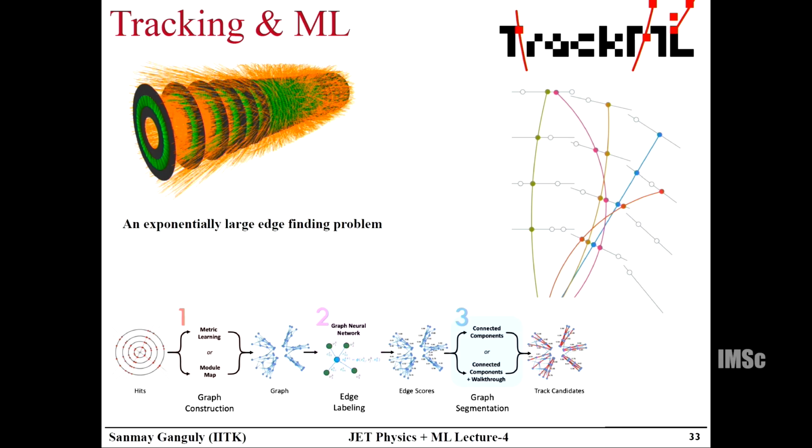If you think of these dots as a graph where you connect every dot with every other dot in the vicinity, then track reconstruction becomes a problem of edge classification. Only one of the dots will be a candidate for a single charged particle which is flying away.